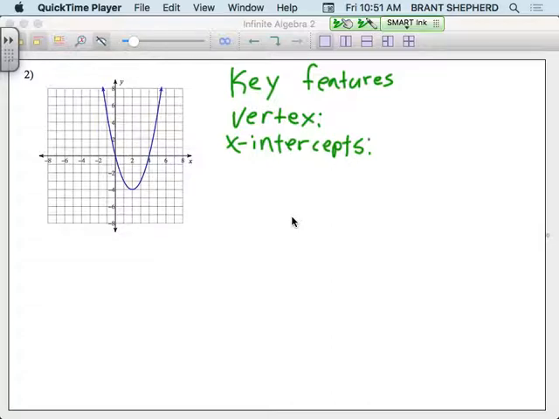All those three things also mean the x-intercepts. I also might be asked to give the y-intercept, and the end behavior.